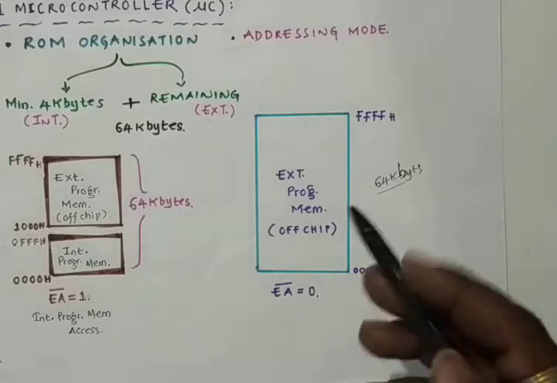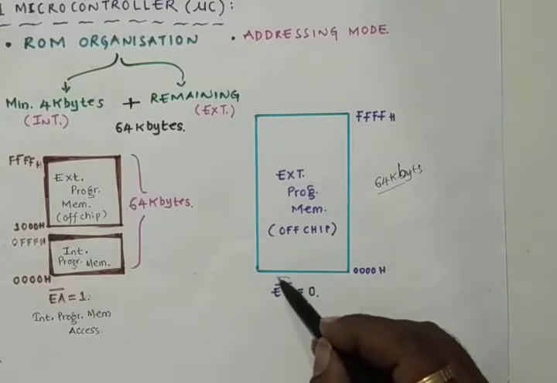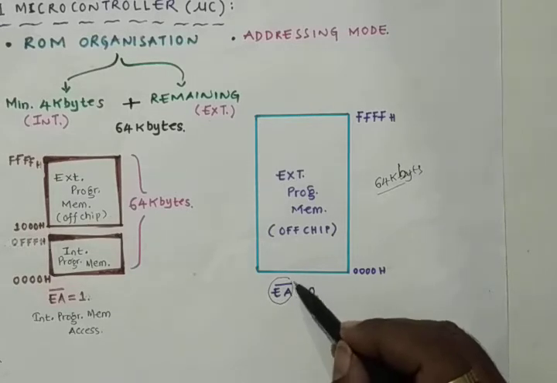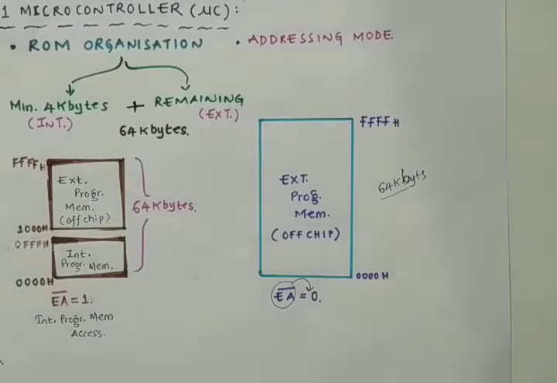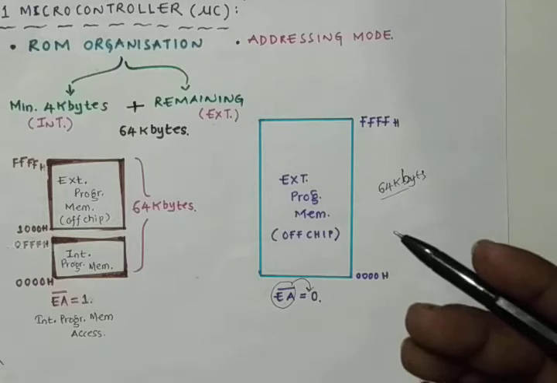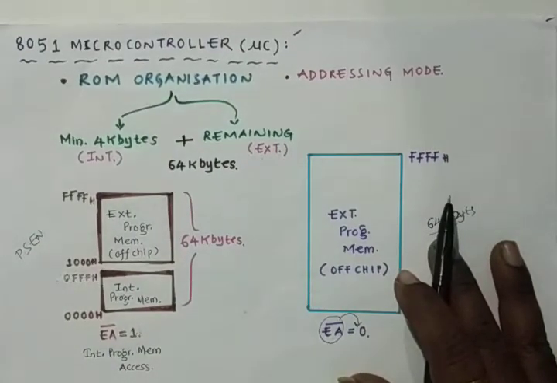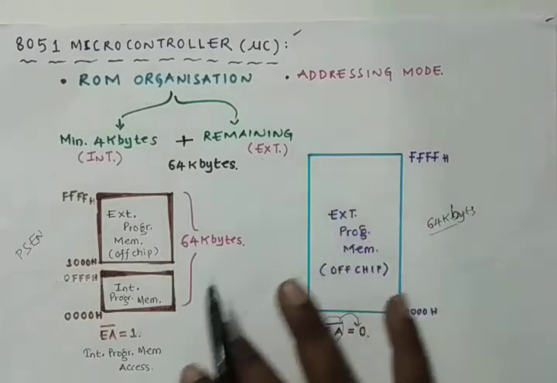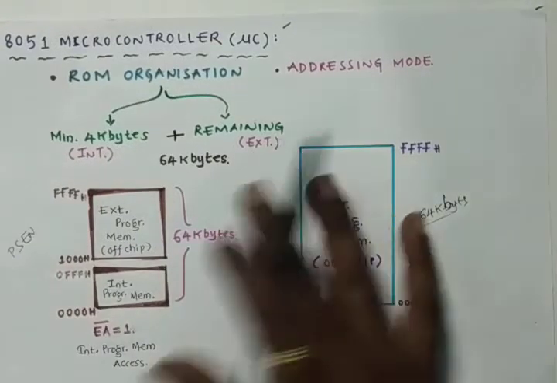If it is external memory, the external access is 0, an active low signal. Whenever this pin is programmed to 0, the program counter is going to read the instructions from the external read-only memory, and a total of 64 kilobytes of memory can be accessed. So this is the memory organization of 8051.